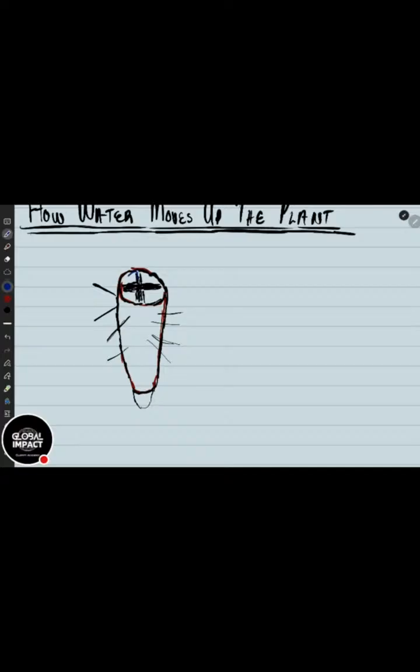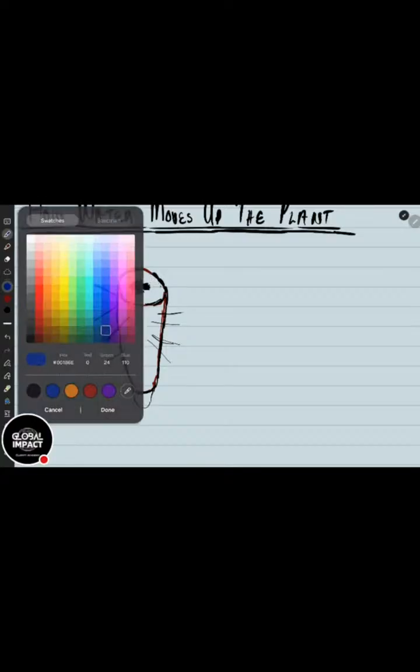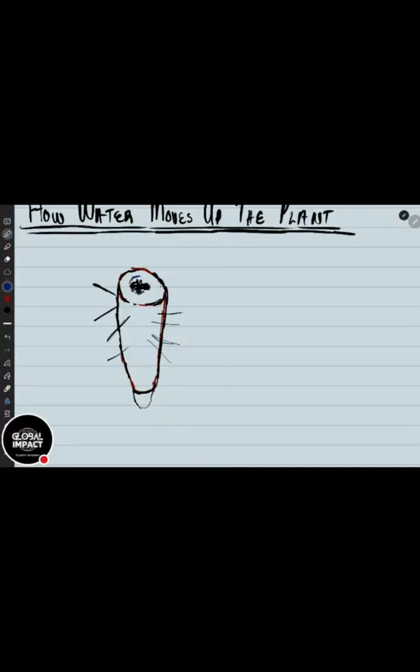Actually, let me reduce the size of this. I'm going to put it just at the center. But yes, it can be cross-shaped like that. I don't know if you can see this diagram nicely.